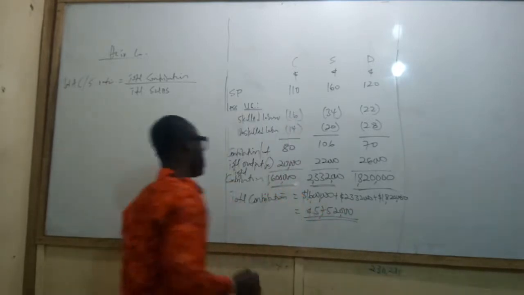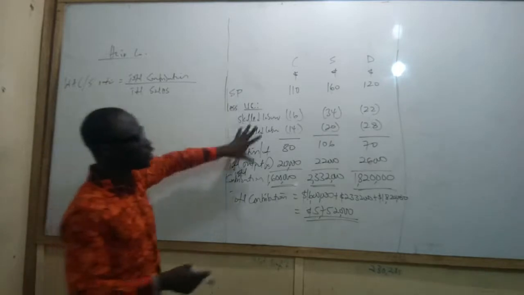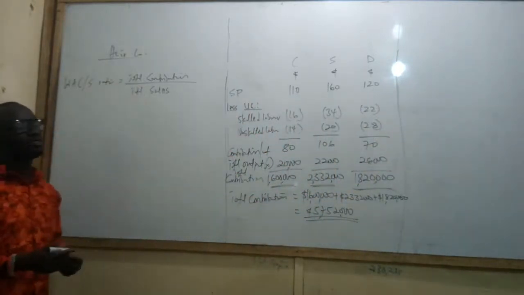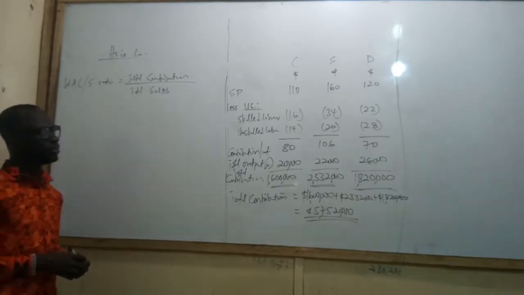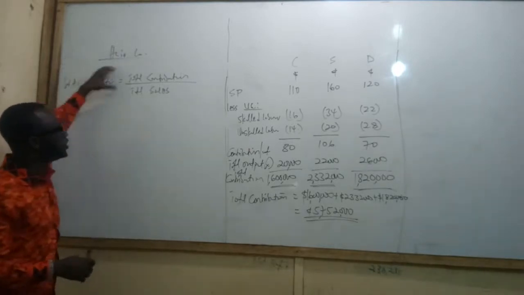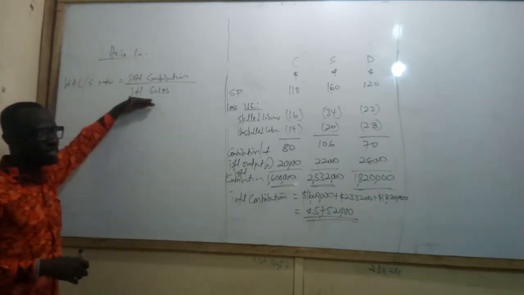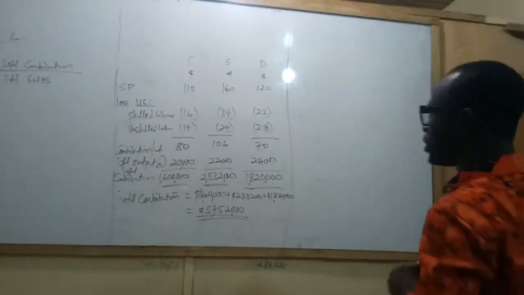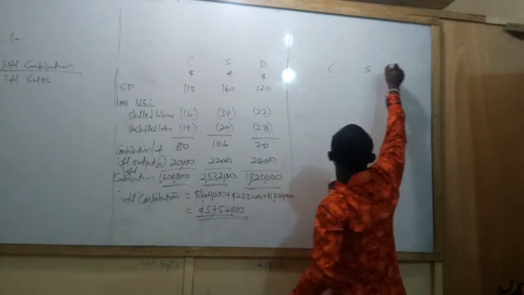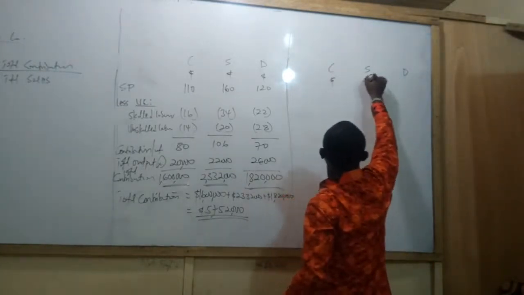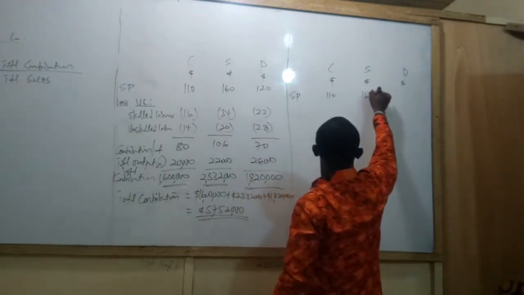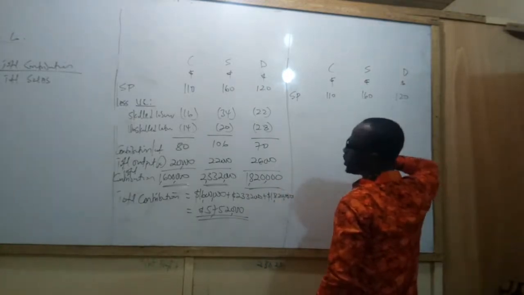Yes. Okay. Now that we have the total contribution for the three products, we also need to find the sales value, because contribution to sales is the contribution over what? The sales. So let's find the sales value. C, S, D. Give me the selling price per unit: 110, 160, and 120.